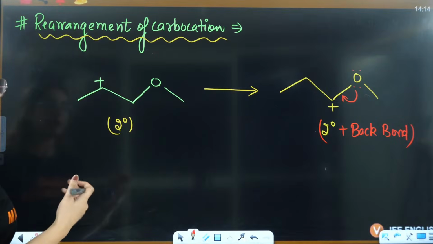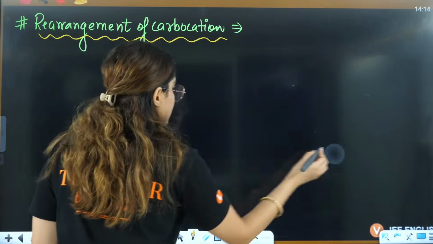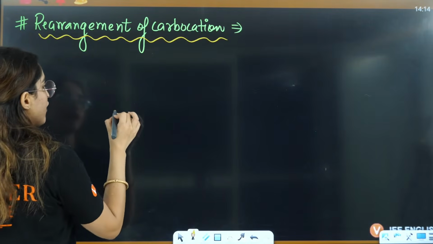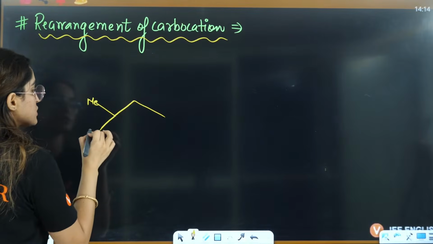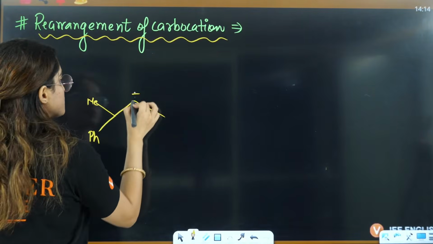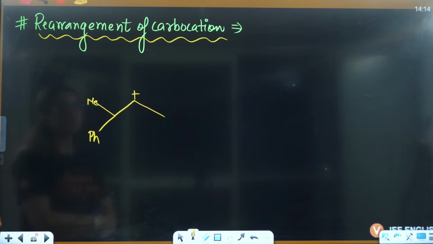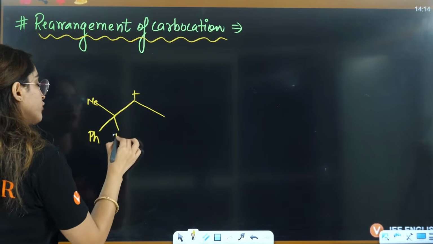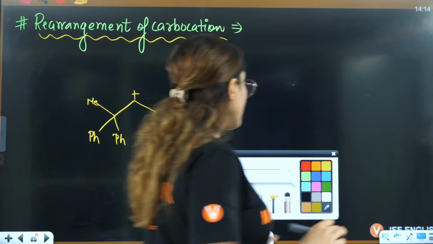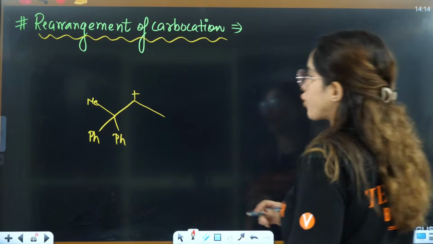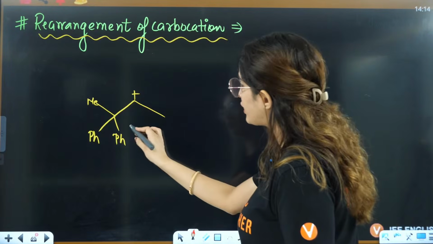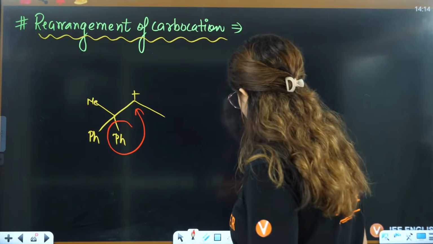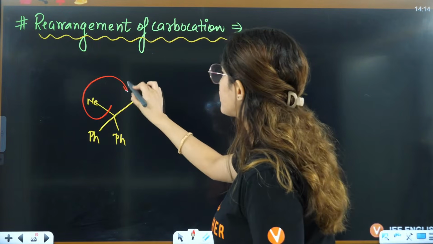Now let me take one more example. What if you have this kind of situation? Here you have one methyl, this is one phenyl, and this is positive. Okay, so 2 phenyls. Now tell me, you have a choice. If you want to shift something, you can shift phenyl also, you can shift methyl also.